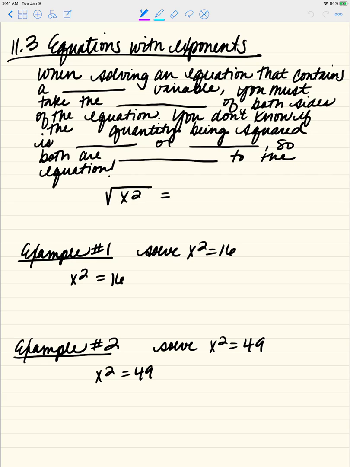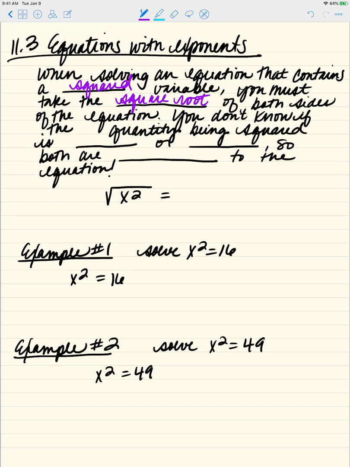When you are solving an equation that contains a squared variable, you must take the square root of both sides of the equation, because that undoes the squaring, because they are the inverse operations of one another.